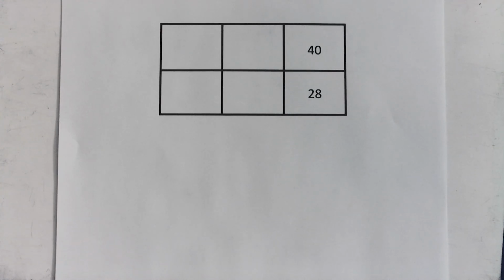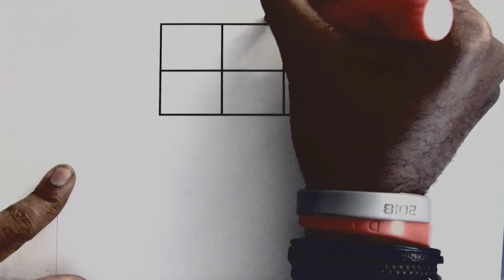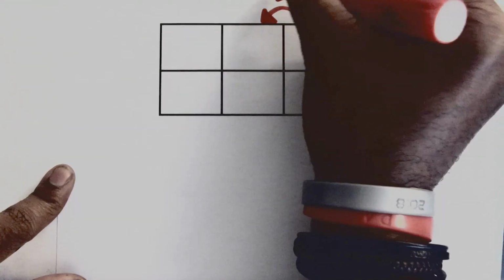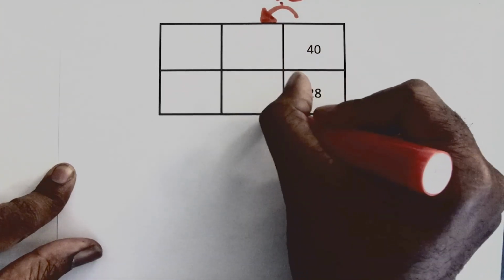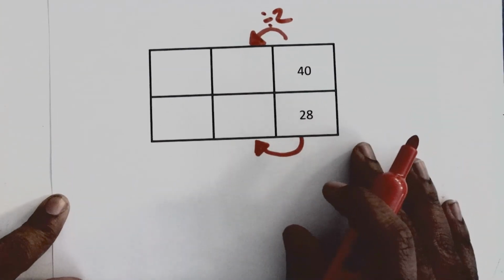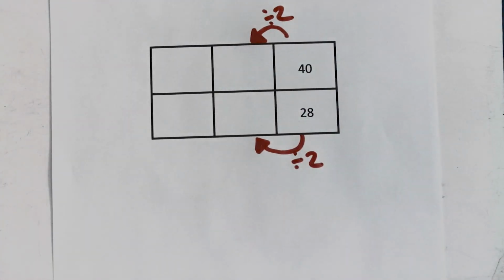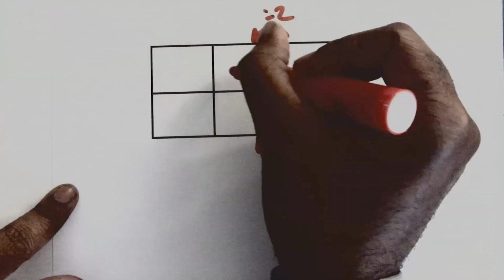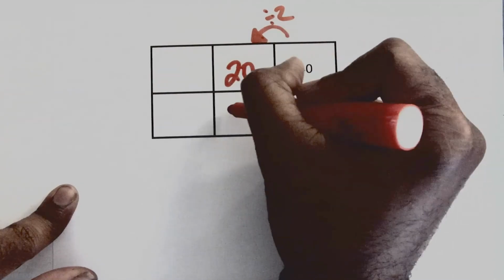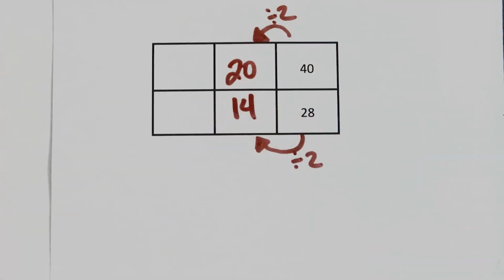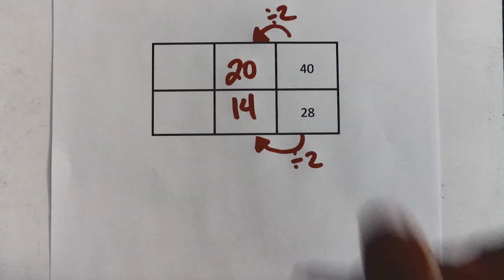So let's show this. When I do that, that's going to give me 20 to 14. So now I'm going to divide both terms by 4.